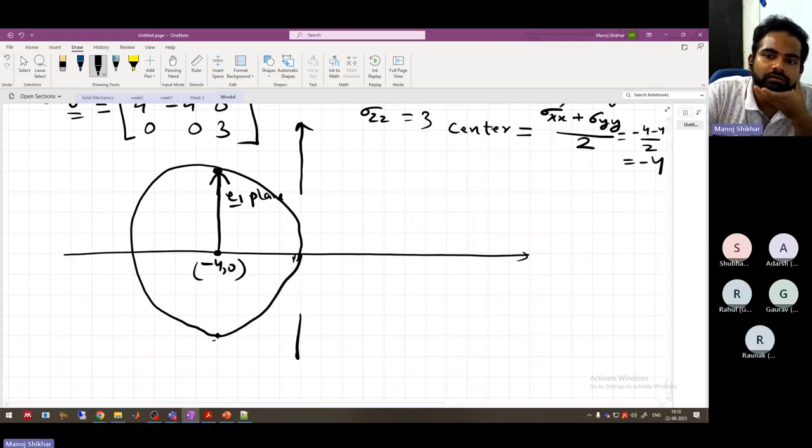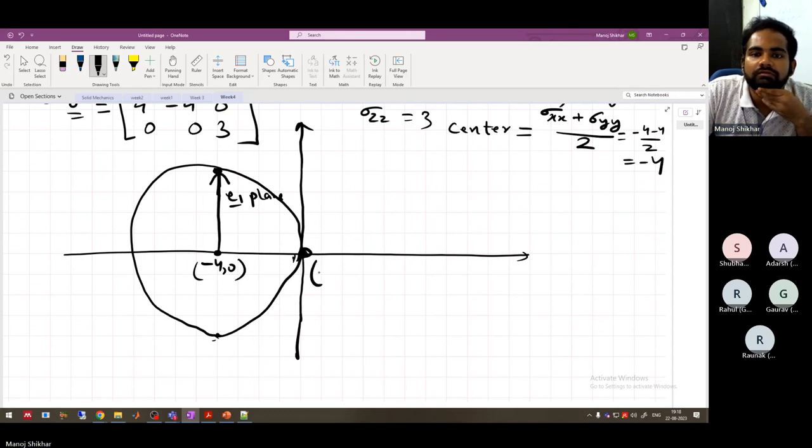so this will be our Mohr circle. The extreme point is what? 0 comma 0. This point is what? This is minus 8 comma 0.